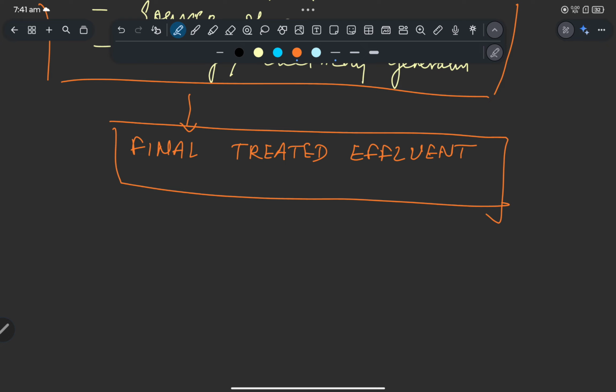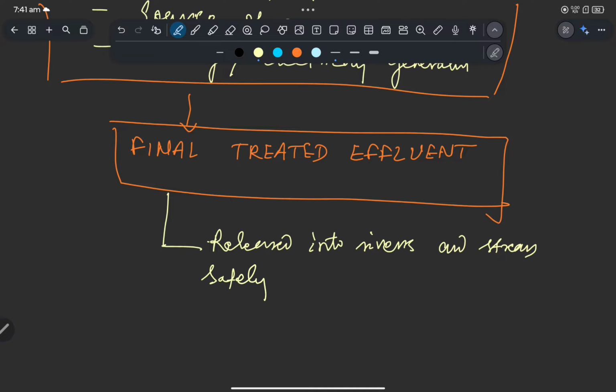But now the organic matters are completely digested, and after digestion, the final treated effluent is released into rivers and streams safely after treatment. Okay, so this is how the sewage treatment takes place.